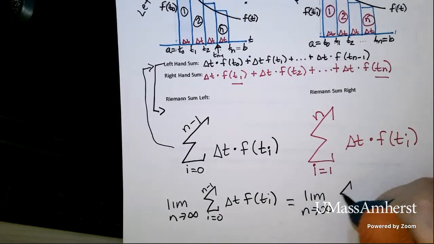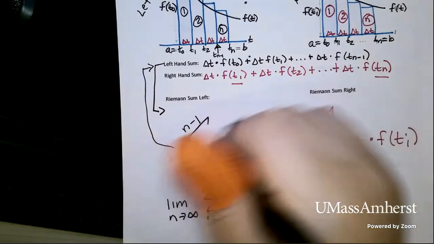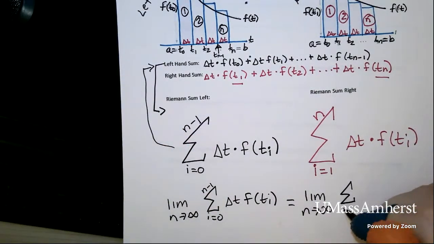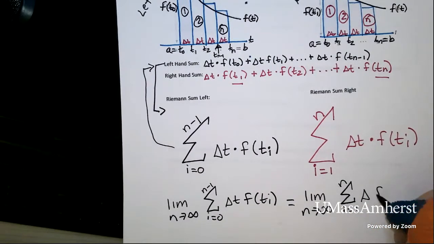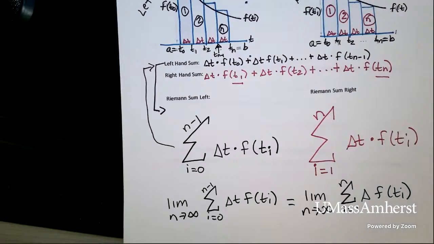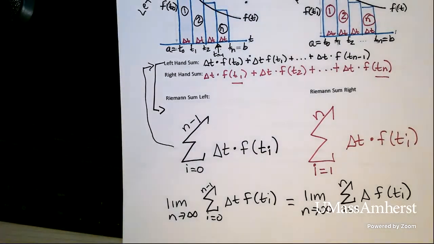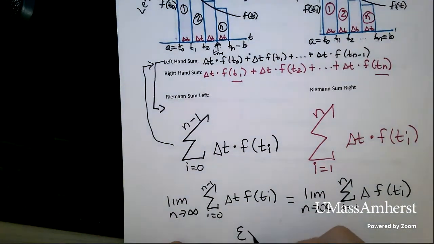Okay, so when the left-hand Riemann sum equals the right-hand Riemann sum, what has happened is that we have found the exact area under the curve.